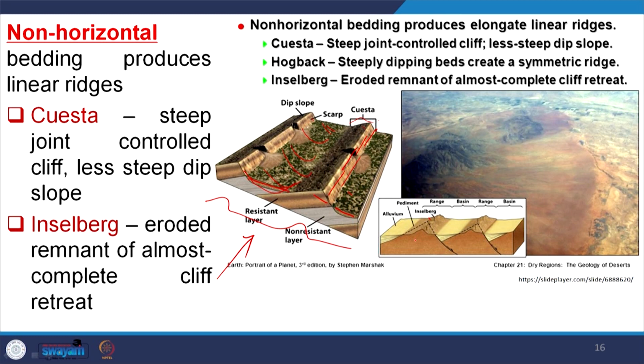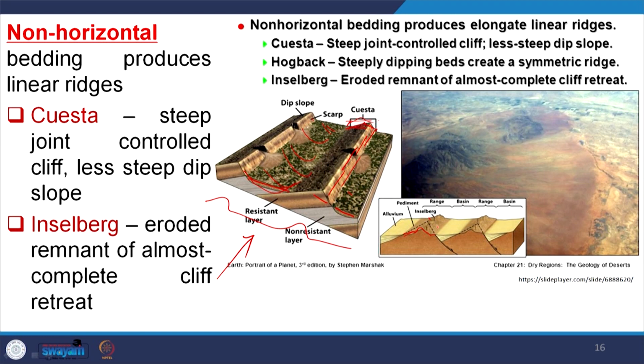If it is less eroded, the primary bedding structure and bedding form are still there, and it is called a cuesta. We allow it to erode and abrade, and gradually its size reduces.